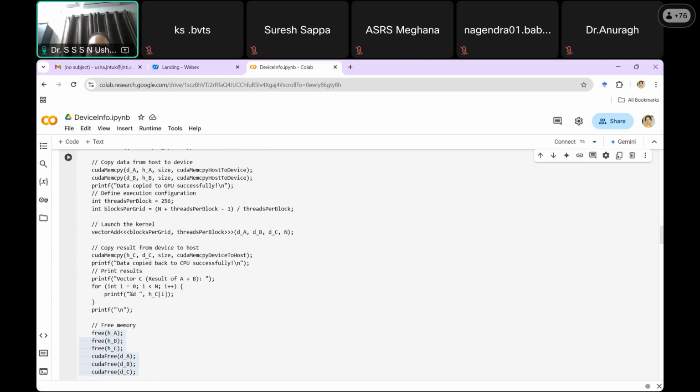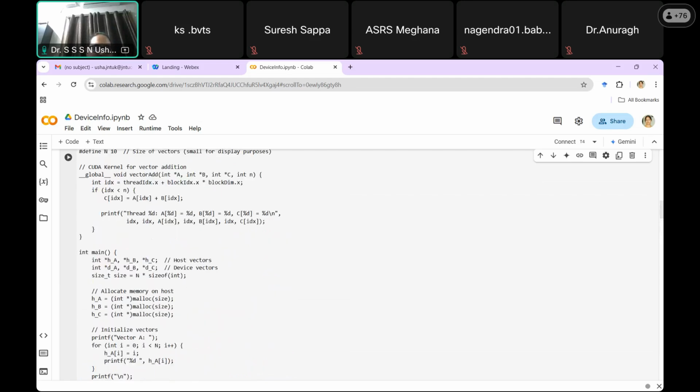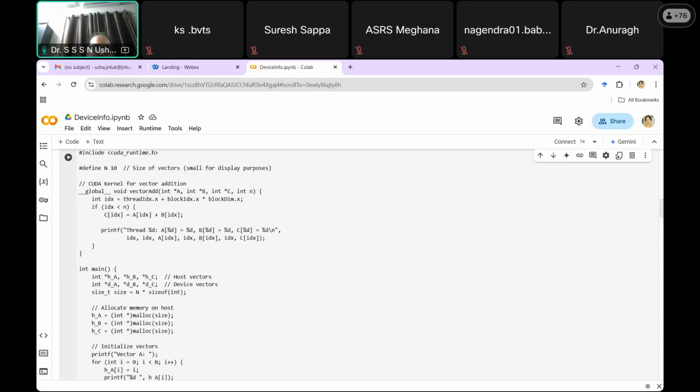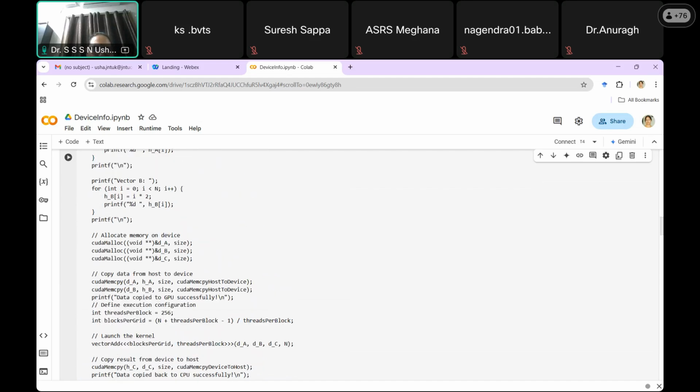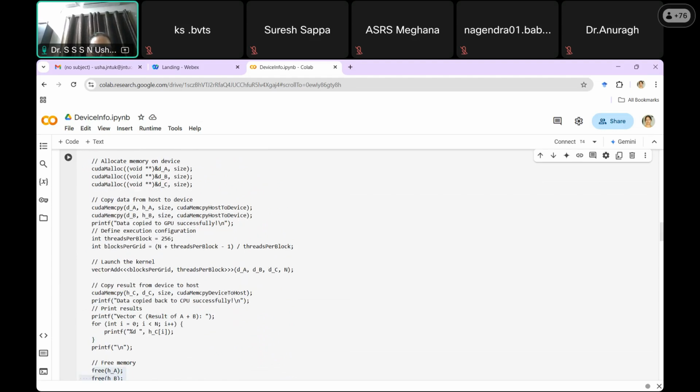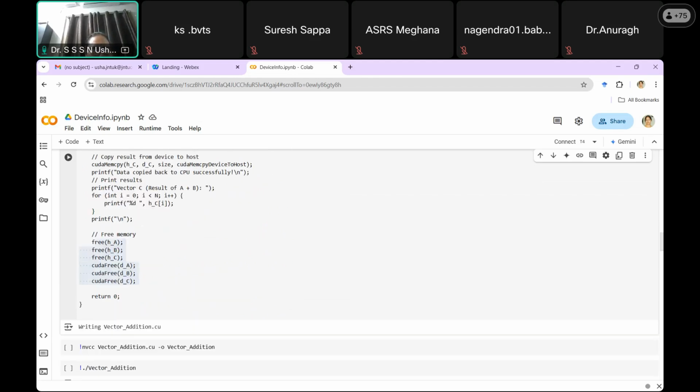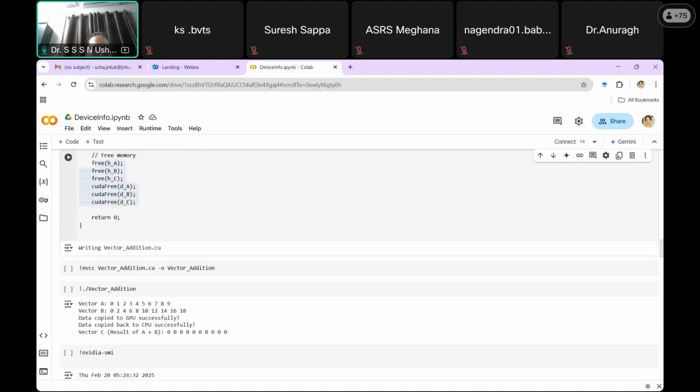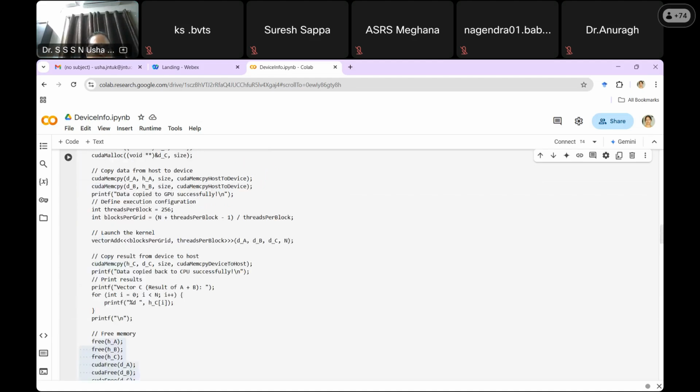Once the kernel launch has happened, that means you are working on the parallelism. Once it is done, you will get the result at the device parameter here, D underscore C. That should be copied to the host underscore C, and that result can be displayed, and then memory should be freed. Okay, so this is the way of doing this program.